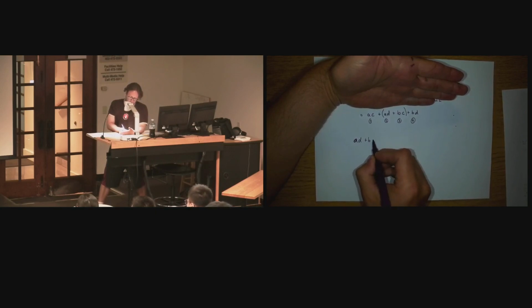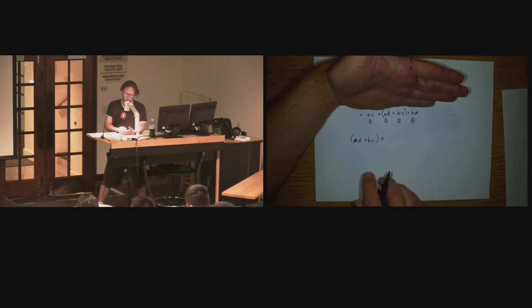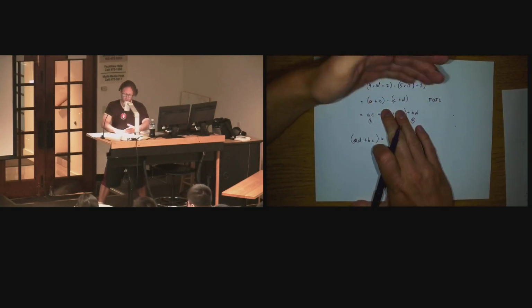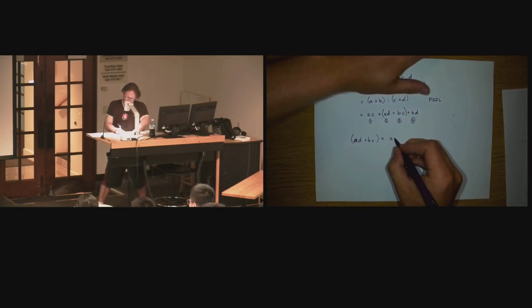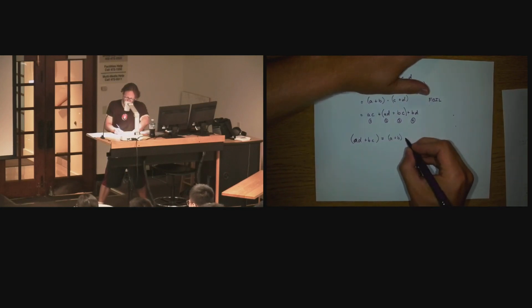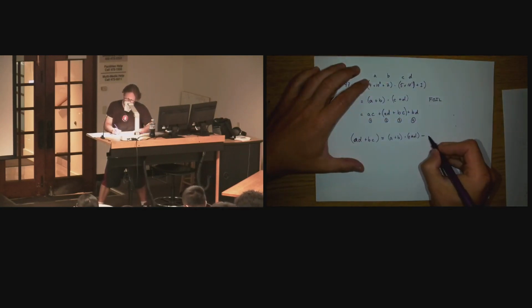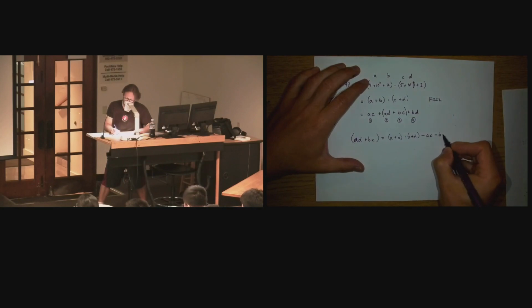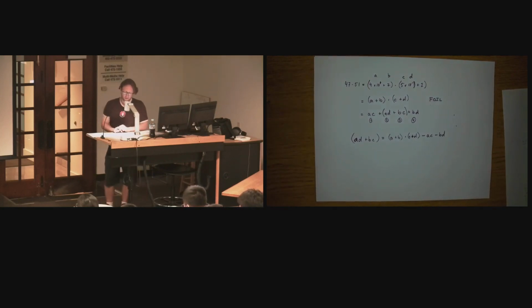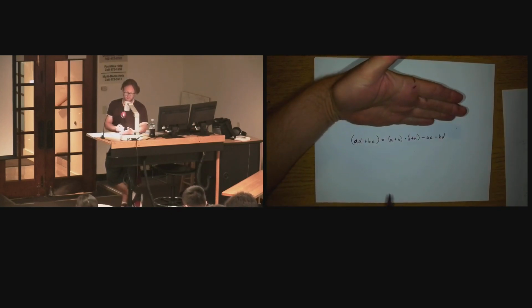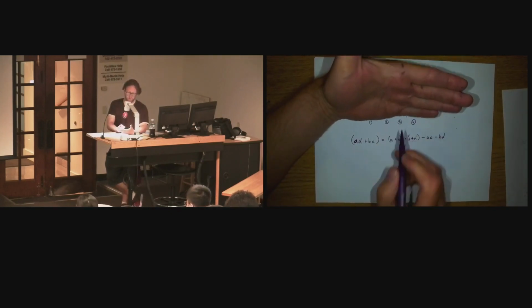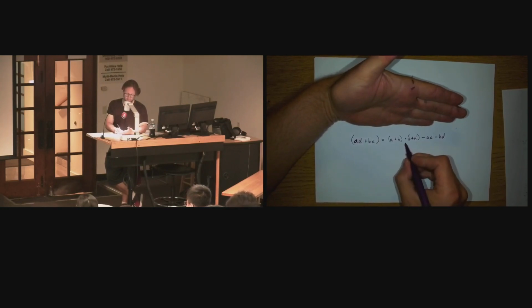AD plus BC is equal to, if you want to cover the original, A plus B times C plus D. And then if I take these two onto the other side, then I subtract them, AC and BD. Now, how many multiplications are there now to compute this part right here? There's 1, 2, and 3.